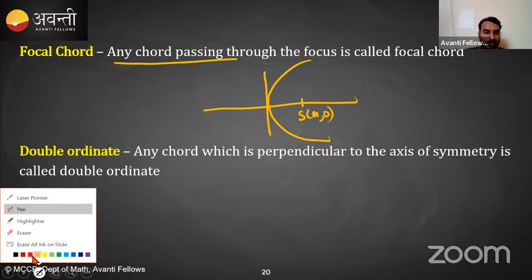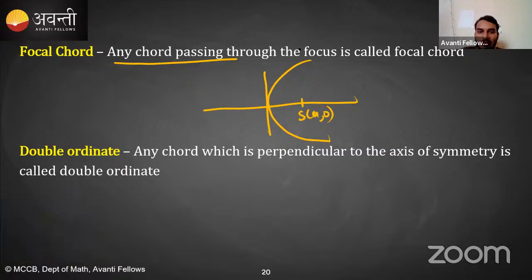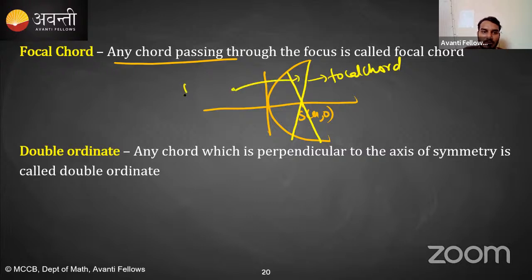Any chord on the parabola which is passing through the focus. Let's say this is a focal chord. So these both are focal chords, because these chords are passing through the focus S. Clear? Any chord passing through the focus is known as focal chord.